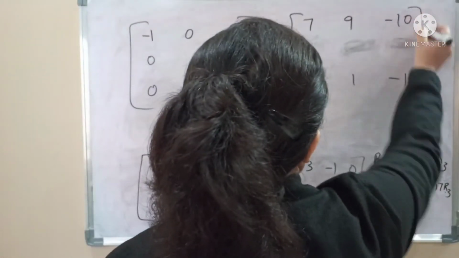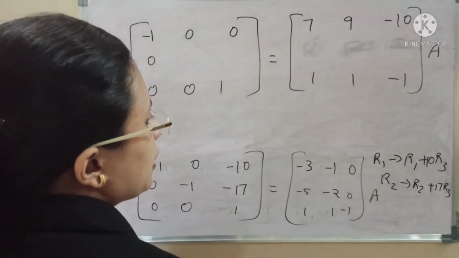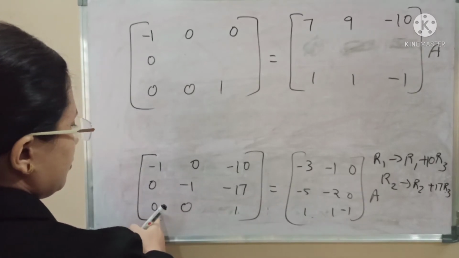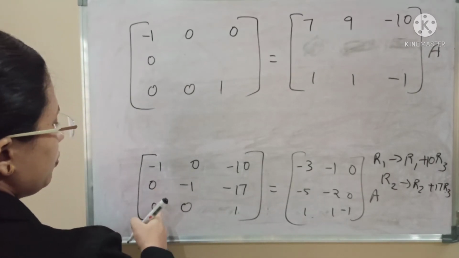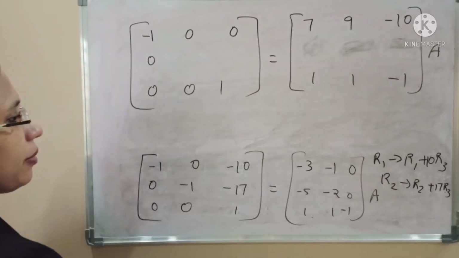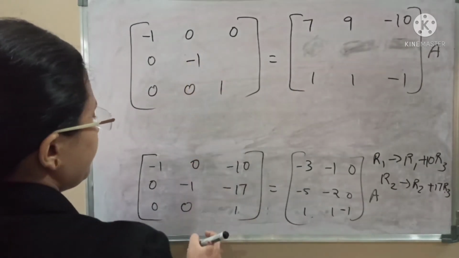So for the second row, R2 equals R2 plus 17 R3. R2 plus 17 into 0 is 0 itself. So it is 0. Then minus 1 plus 17 into 0, minus 1.